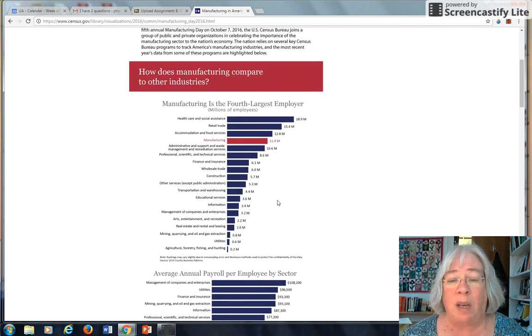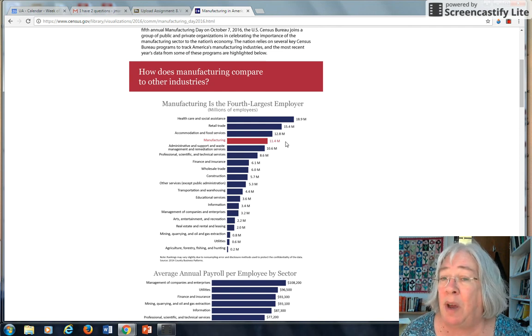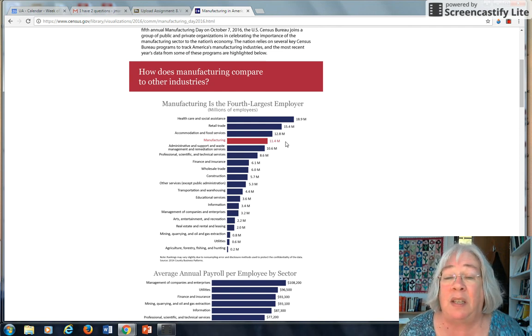So I clicked on the manufacturing in 2016, and I'm going to look at some of these visualizations. So right here, for instance, what kind of visualization is this? Well, if you've read the chapter, one thing that you know is that these are bar charts. This is a bar chart here. Why do you think that this particular line here, manufacturing, is in a different color than the rest? I would guess, and this would be something that you might think about, that this is an average.